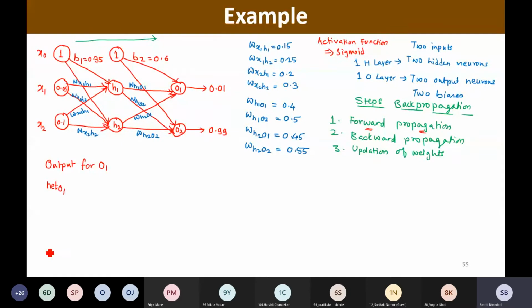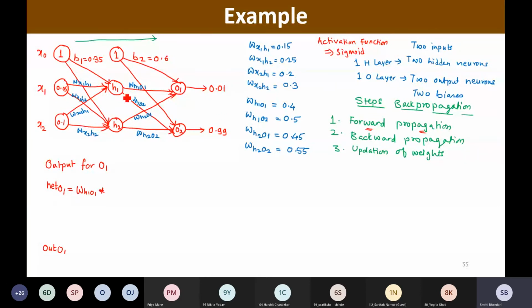So while computing the input of O1, these are the weights we know, right? So these are the connections. H1 is connected to O1, H2 is also connected to O1, and these are the respective weights. So simply what we need to do is use WH1O1 into the output of H1 as input to O1.